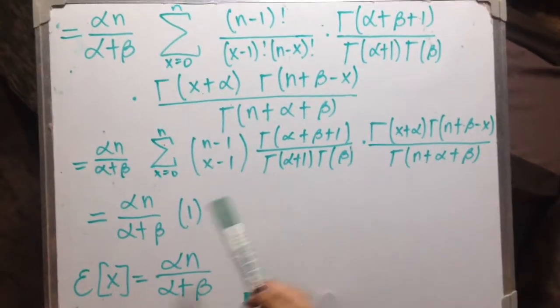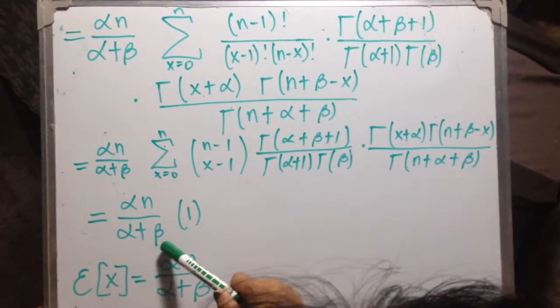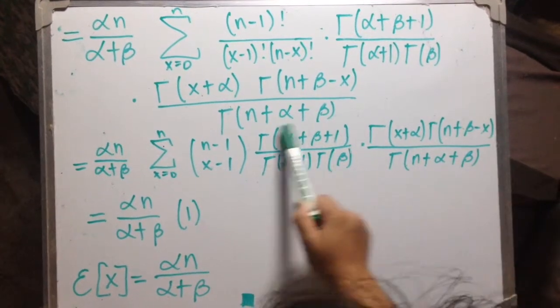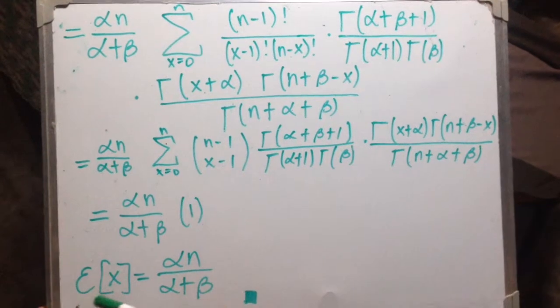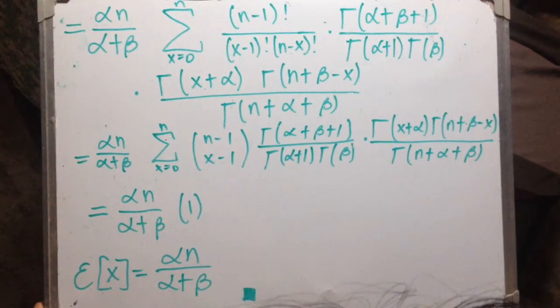To simplify, since this summation is equal to 1, we have the expectation of x is equal to alpha times n over alpha plus beta.